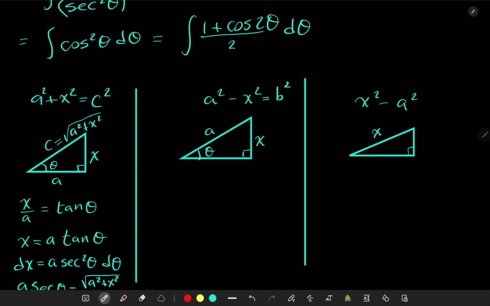And why is that? Well, because this gives you that x divided by a is the sine of the angle. And what that then does is that whenever you do your substitution, dx is going to be a cosine of theta d theta.